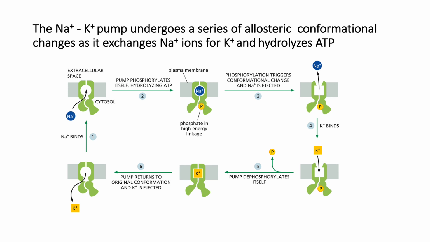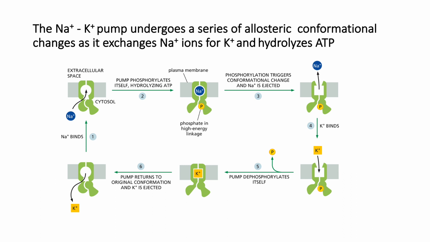The addition of the phosphate induces another allosteric conformational change that opens the pump on the other side and lowers the affinity for sodium, and so it comes out. When the sodium comes out under lower affinity, there's actually a higher affinity for potassium in that state. So the potassium then binds.